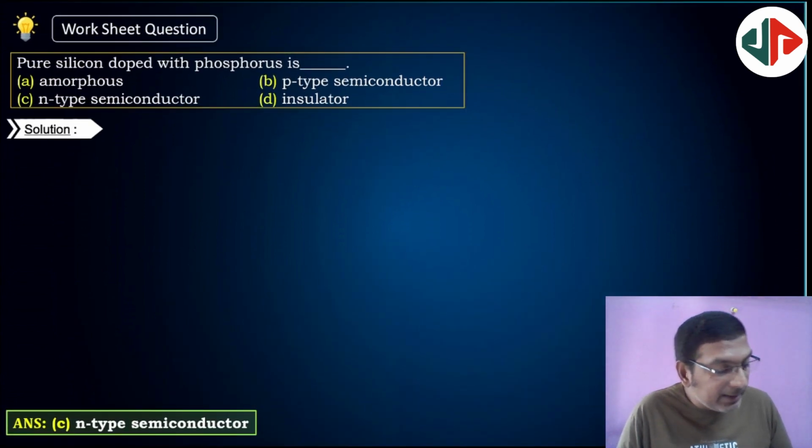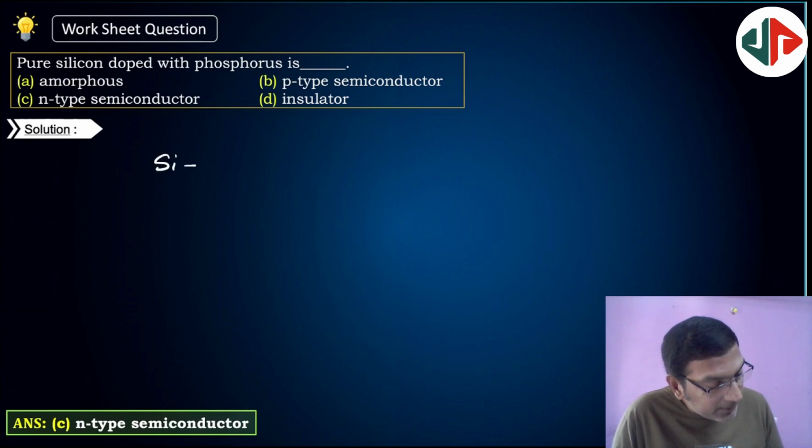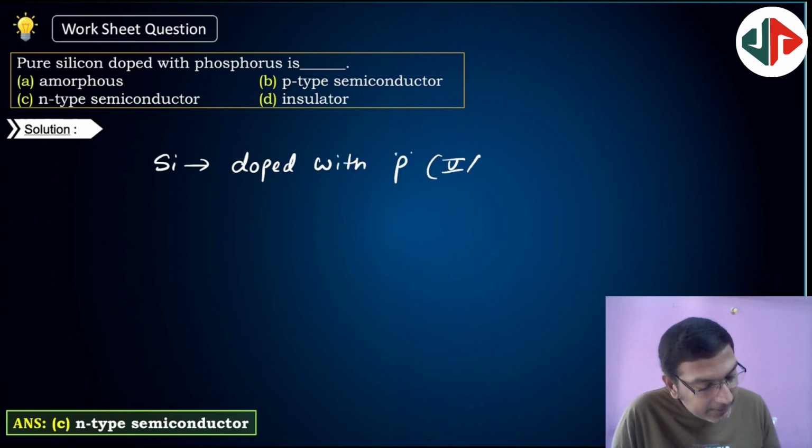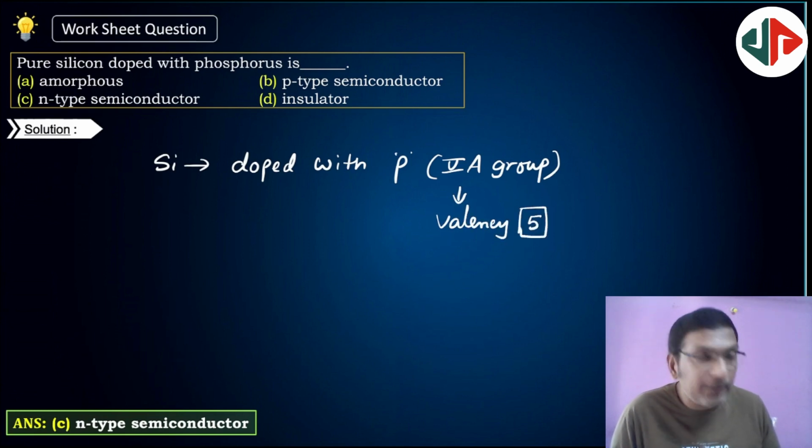Pure silicon doped with phosphorus. Phosphorus is 5th A group, which means valency 5. So therefore one extra electron will be present.